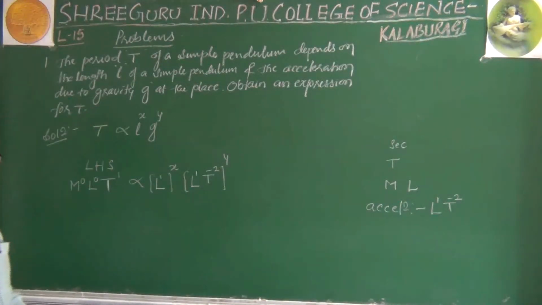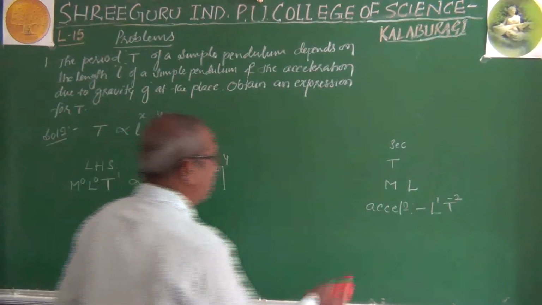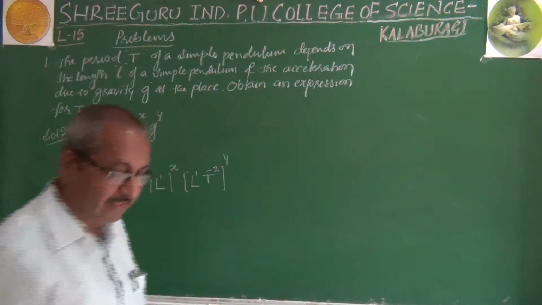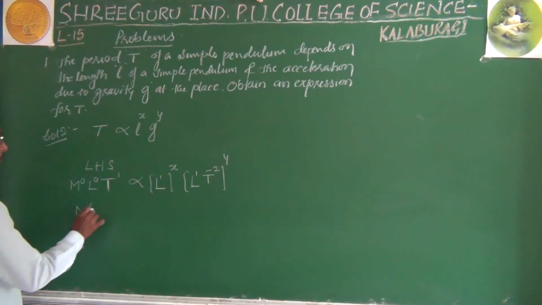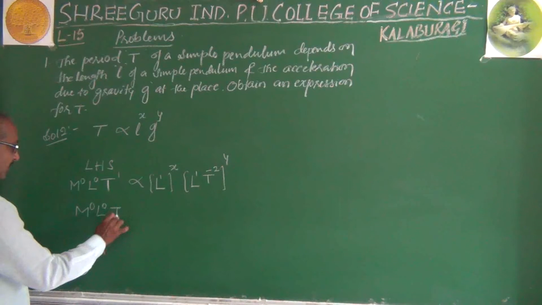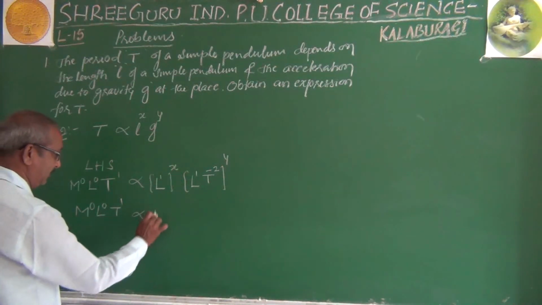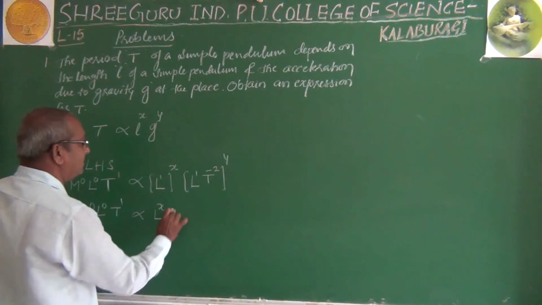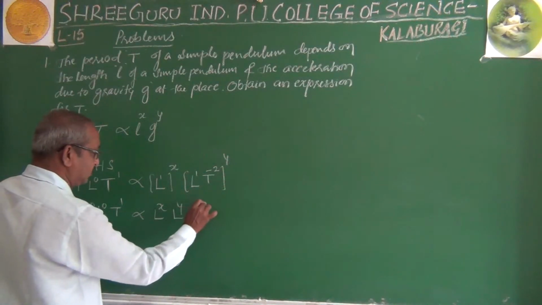Now we have to find out the values of x and y by equating the powers of the LHS and RHS quantities. So here M raised to 0, L raised to 0, T raised to 1 is proportional to L raised to 1 whole to the power x, meaning L raised to x. Here L raised to 1 whole to the power y means L raised to y. Then T raised to minus 2y.